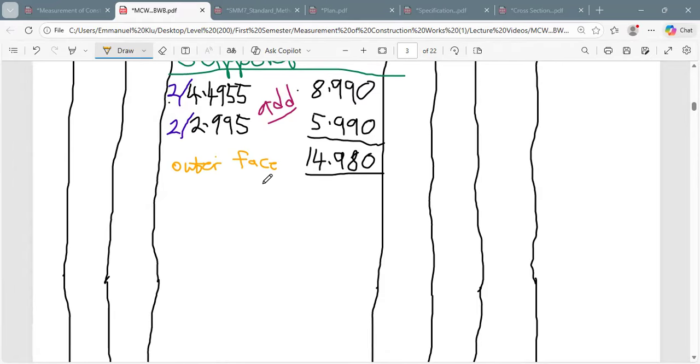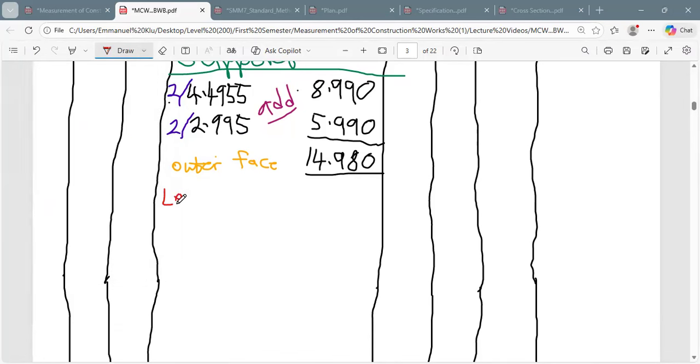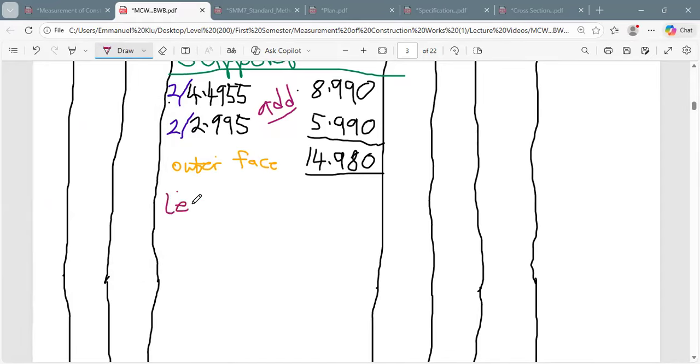Okay, so from here we have to less 4 times because of the internal trench.